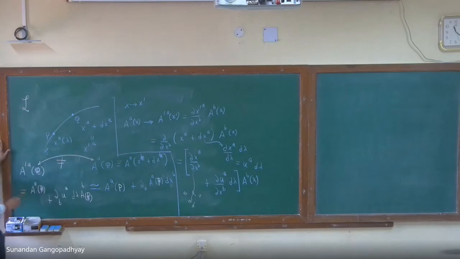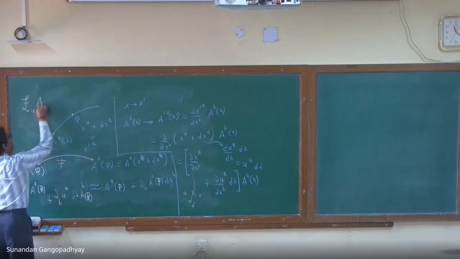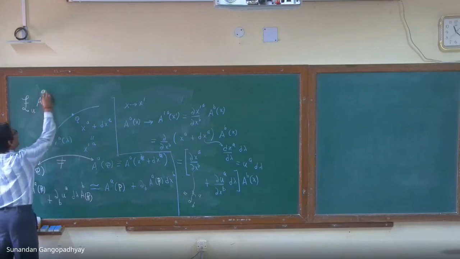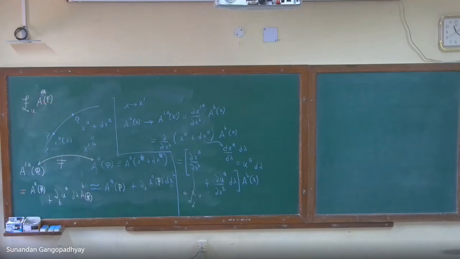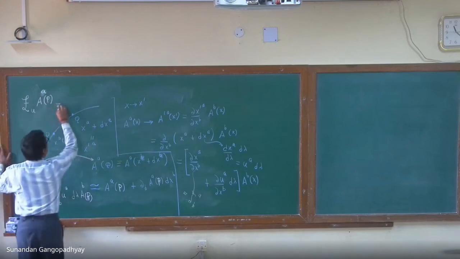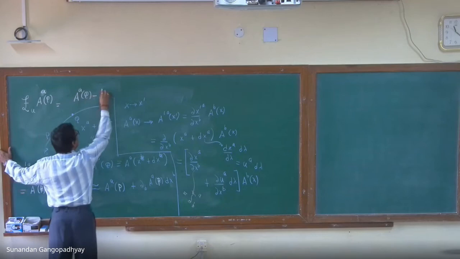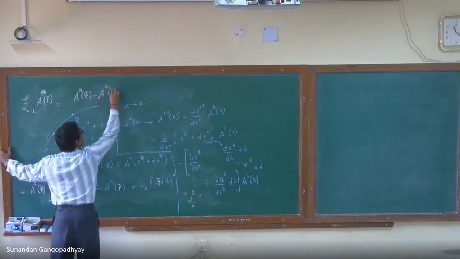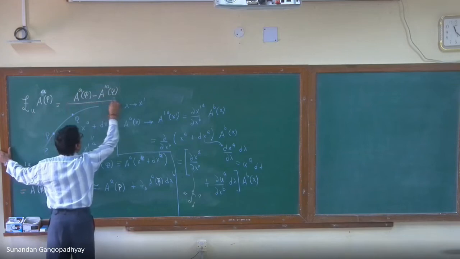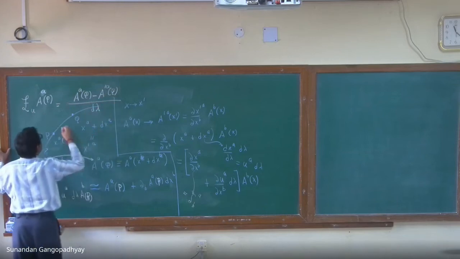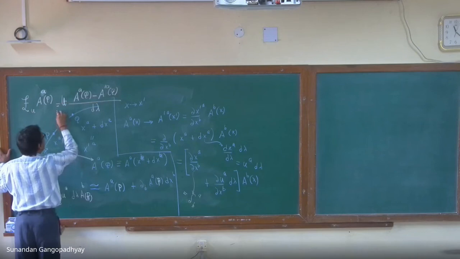You can write it this way, or put a dash here, whatever you feel like. This is defined as A^a at Q. That is the definition.